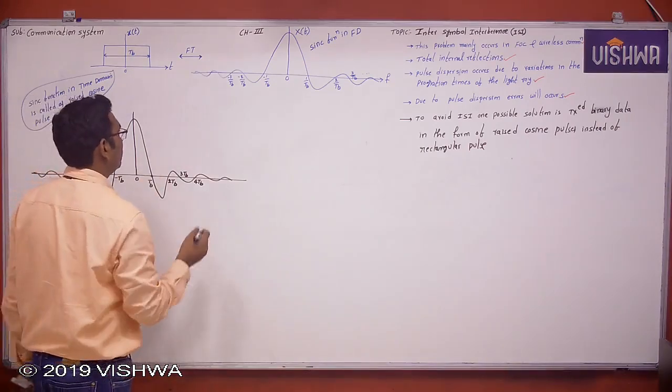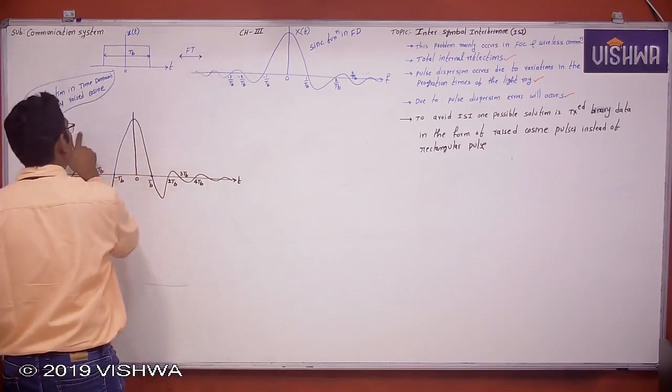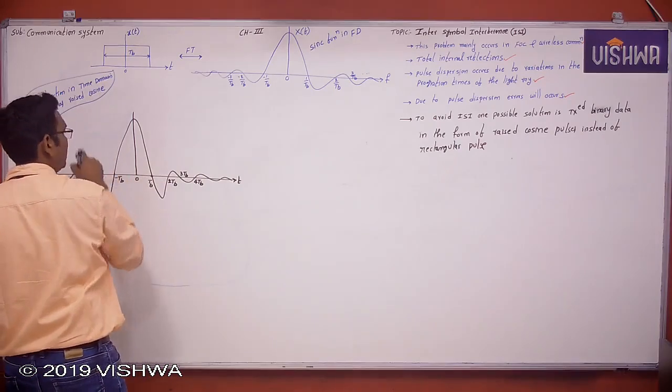Now this is the raised cosine pulse in time domain, or a sinc function in time domain is called raised cosine.